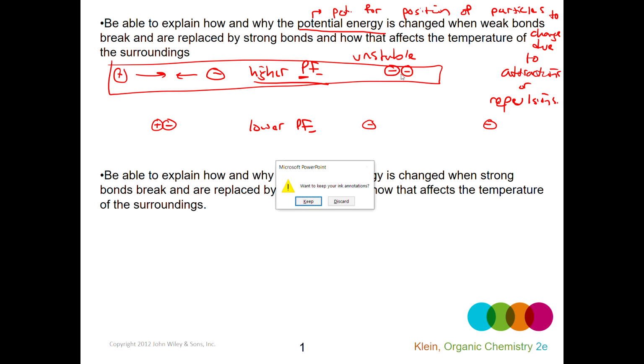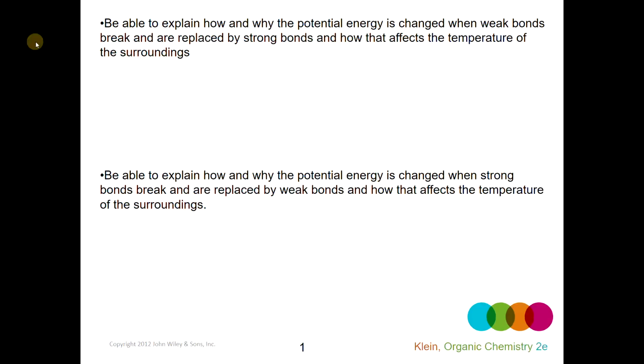So let's address the actual question here, now that we've got that basic stuff hopefully making sense. So if I have some bonds between atoms and I break them, the amount of energy required to do that is going to depend on how strong the bonds are. Right? So a bond isn't much different from what we just said.